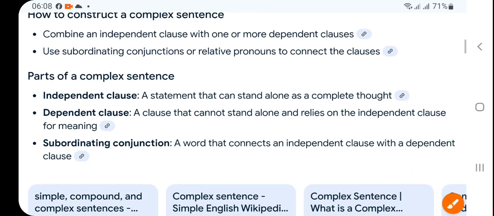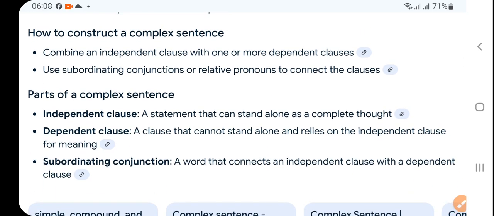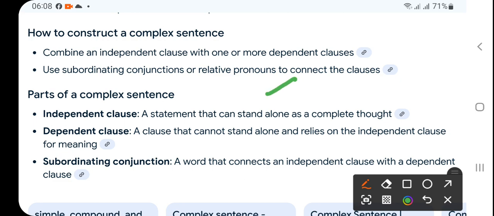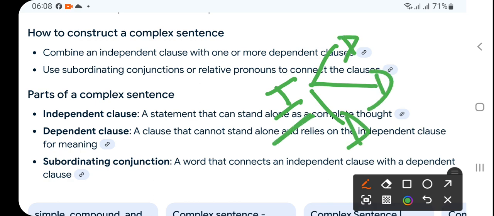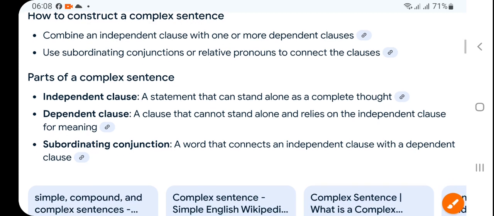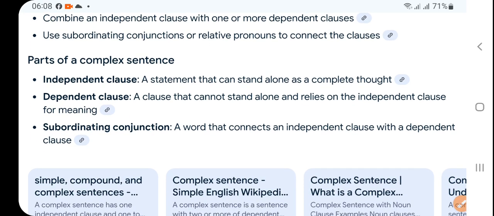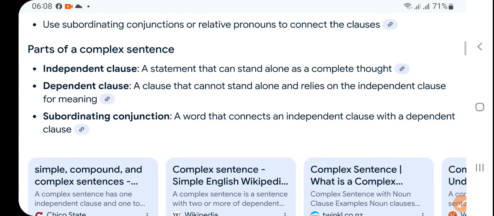Okay. Now, how to construct a complex sentence? Combine an independent clause with one or more dependent clauses. It means in a complex sentence one independent clause is a must, right? And then there may be more than two dependent clauses, but one independent is a must. Use a subordinating conjunction or relative pronoun to connect the clauses.